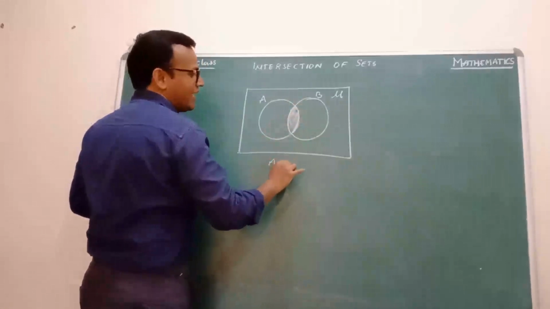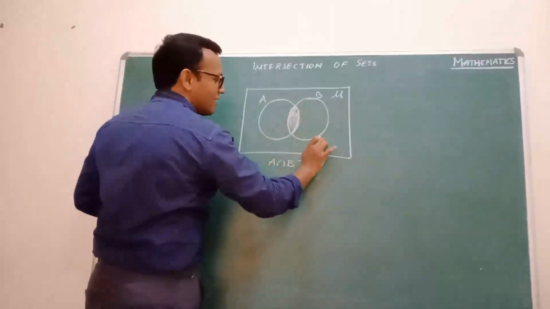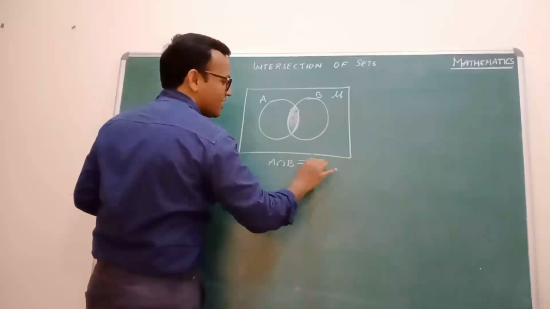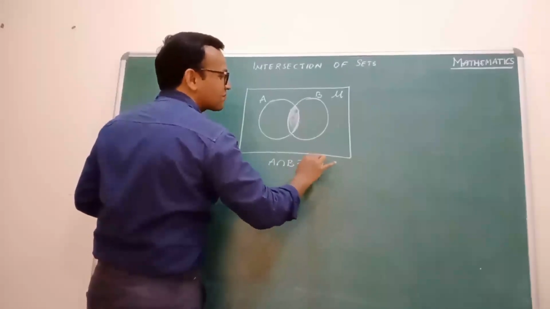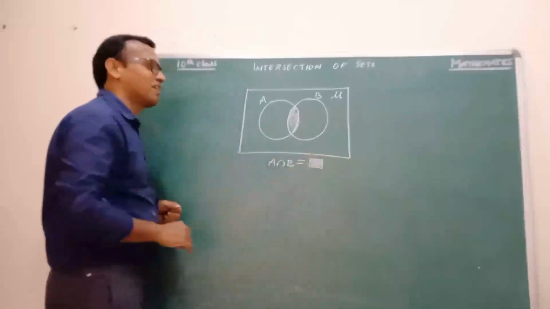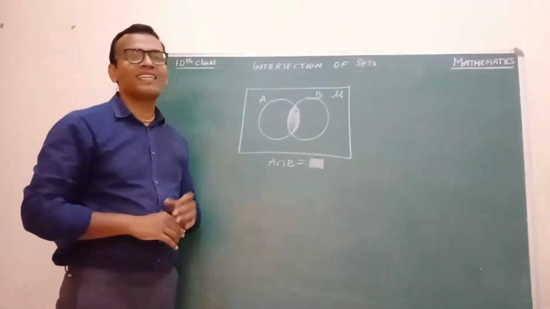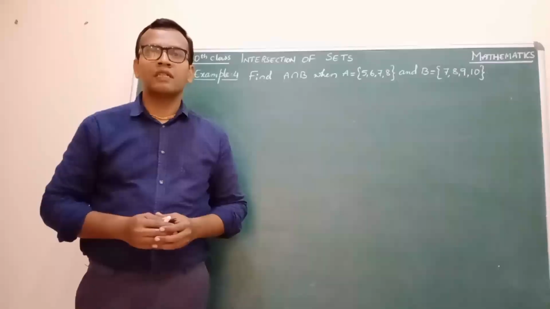So, A intersection B is the area of the shaded region. Like this we represent A intersection B in Venn diagrams.